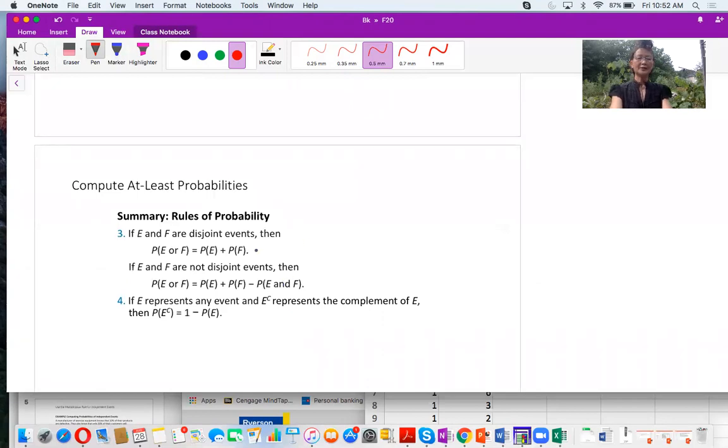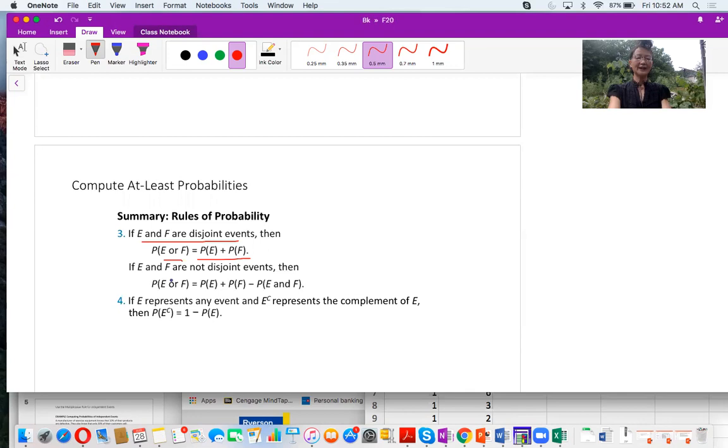Last lecture, we also did this: if two events are disjoint events, which have another name, mutually exclusive events, then the probability of E or F equals the probability of E plus the probability of F. This has a condition: suppose the two events are disjoint.